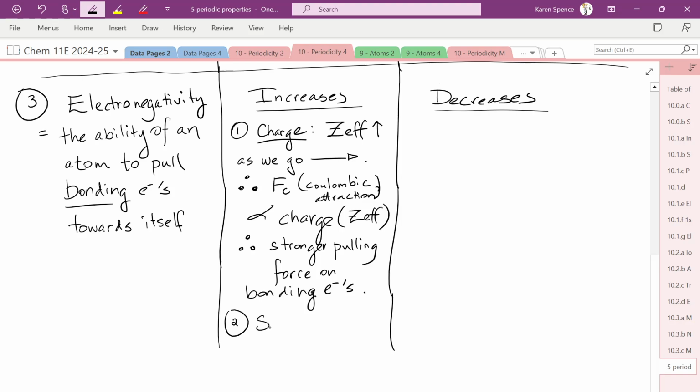Okay. Separation distance, which in this case is the atomic radius, r.